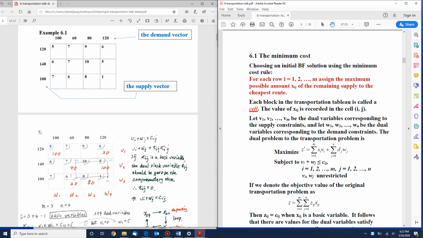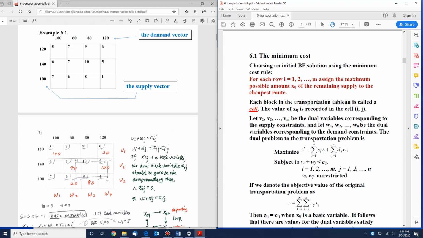So here, let's go back to the right side, where we set up V1, V2, ..., Vm to be the dual variables corresponding to the supply constraints, and then let W1, W2, ..., Wn be the dual variables corresponding to the demand constraints.